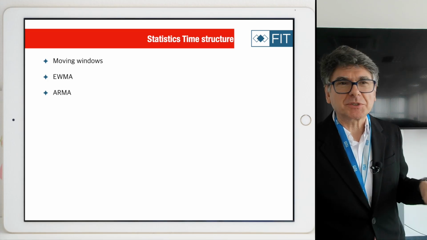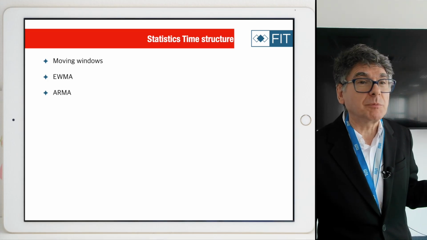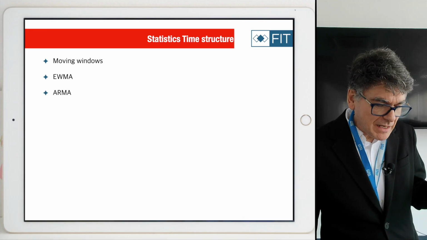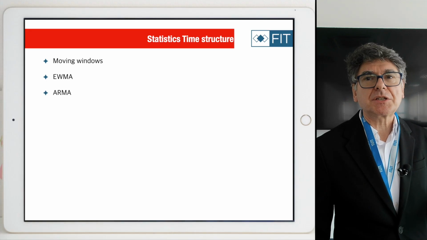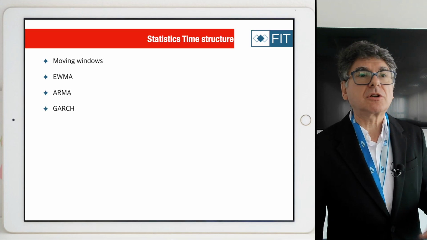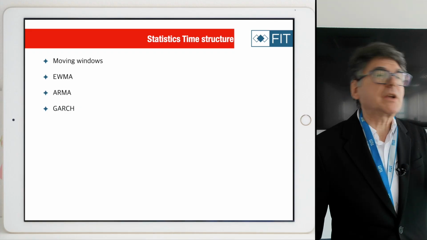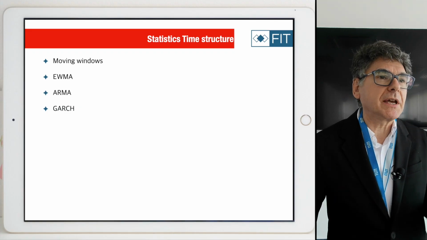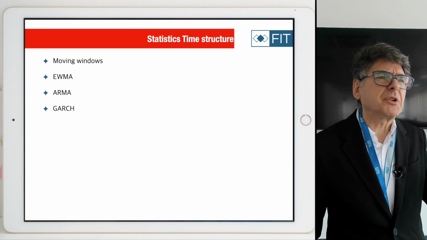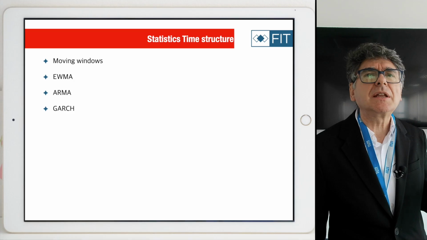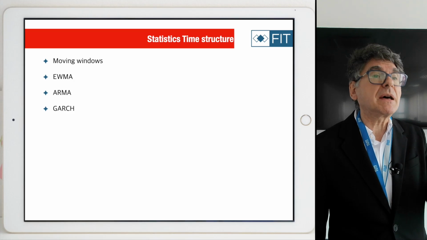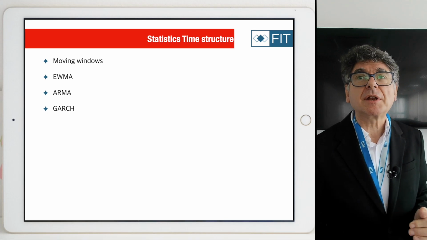Then we have ARMA models. ARMA models, they're not voodoo. They're wonderful models. They work all the time and they're great. And they're like the Gaussian. They are very nice, idealized situations of why things work. And then you have GARCH, the ultimate complexity, trying to understand things which are so complicated. And they work, but they are so hard, no one uses them anymore. They were a big deal in the 80s and the 90s because it was the right way to deal mathematically with all the weird things that are happening in the markets.